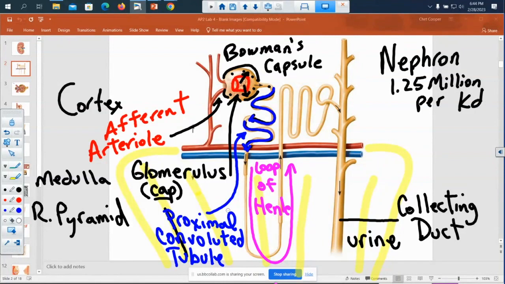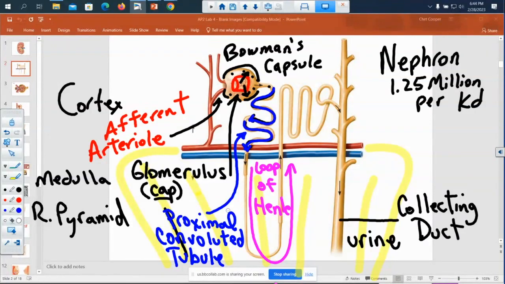And don't worry, it's always confusing, and that's why I mark up like 5 different nephrons for you. By the time we get done with this, the parts of the nephron are going to be real simple for you. But when we first do it, it's crazy, and everybody's brain cramps. And then we get to the end of the night and you're like, oh yeah, that's the proximal convoluted tubule. Oh yeah, that's the loop of Henle.